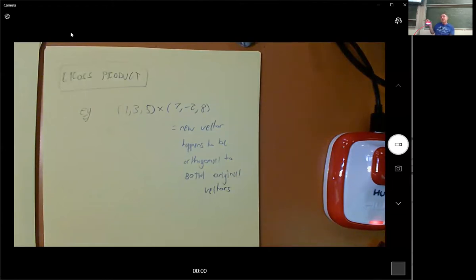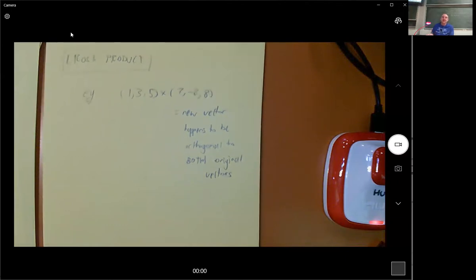But then in the intervening few years until 1900 or so, they turned that geometry into the cross product and the dot product. But it wasn't invented to do this trick of being perpendicular to the two original vectors. It just turned out that way, which is just really cool.